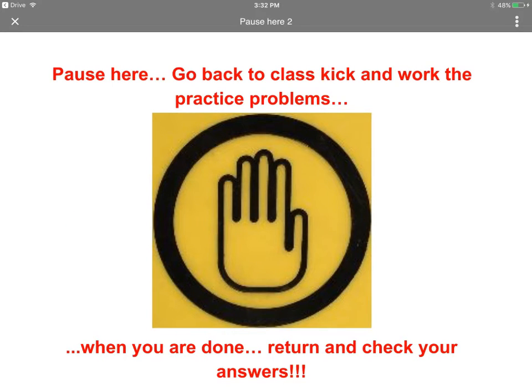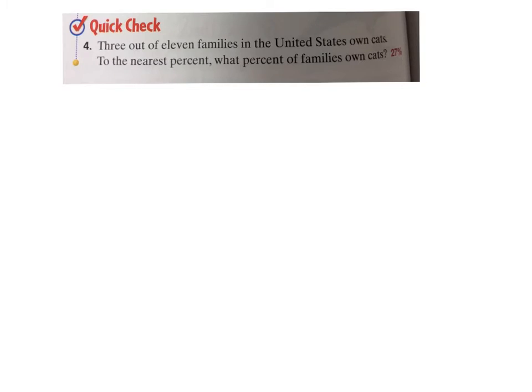Go back to class kick, work a couple. Looks like I only gave you one. 3 out of 11 families in the United States own cats. Oh, weird. To the nearest percent, what percent of families own cats? So it says we have 3 out of 11.